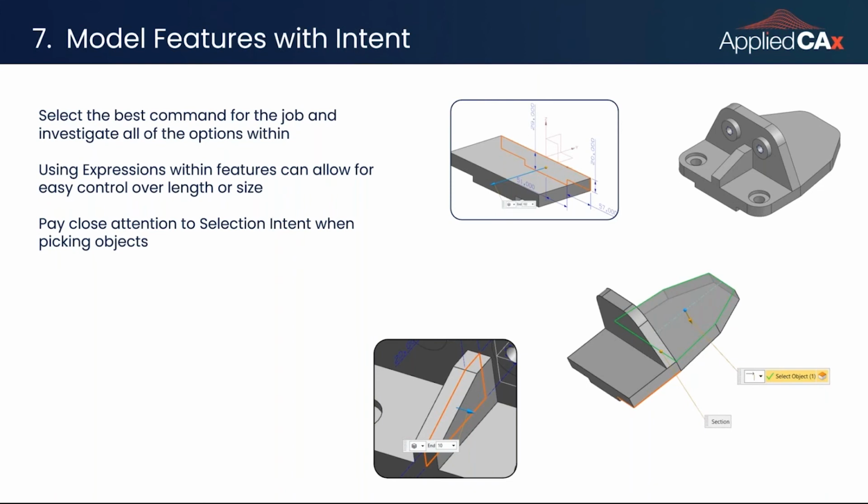Depending on how you choose those options, changes downstream to your part may affect how that extrude is then treated. Also pay close attention to selection intent when picking objects. Based on your selection intent and what you're telling NX is actually being selected, you may or may not have different results.